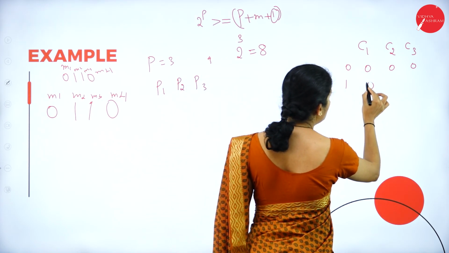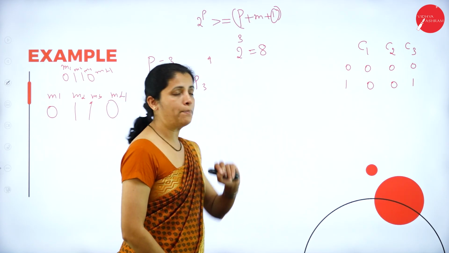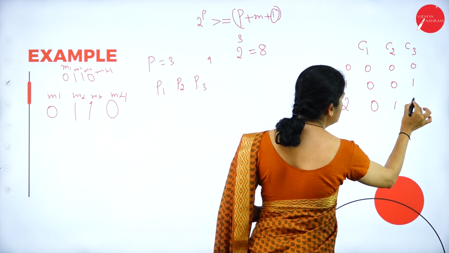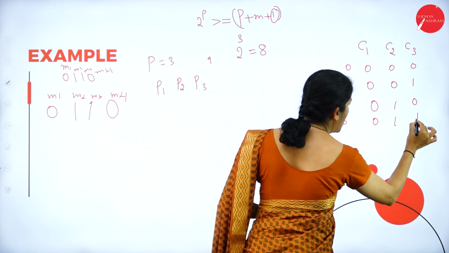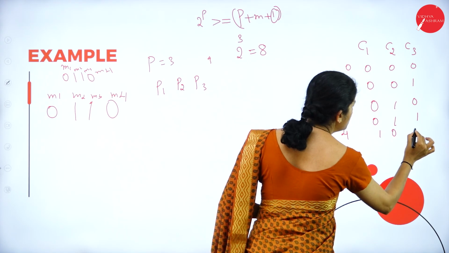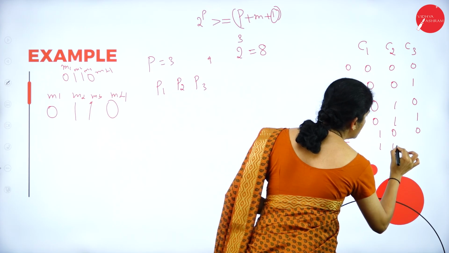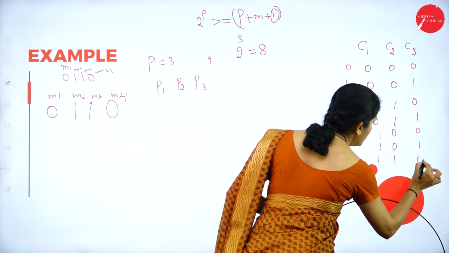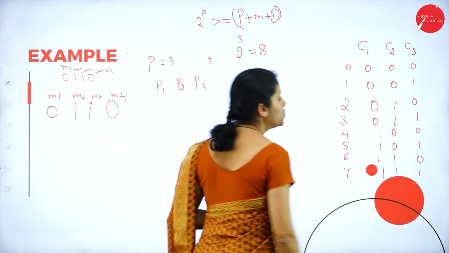That is 0, 0 and 1. To represent 2, it is 0, 1, 0. For 3, 0, 1, 1. For 4, it is 1, 0, 0. To represent 5, I have 1, 0, 1. To represent 6, 1, 1 and 0. To represent 7, it is 1, 1 and 1.